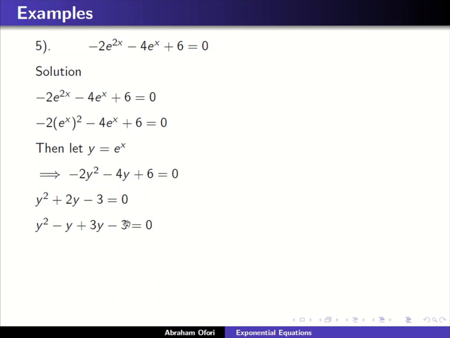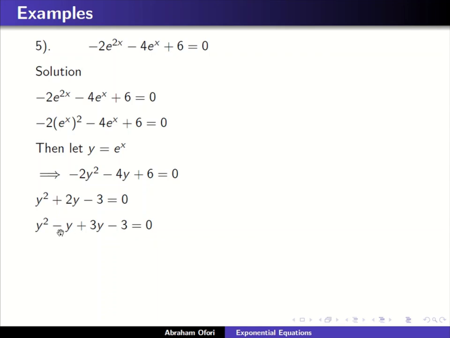So don't worry, after finding them, they are negative 1 and 3. When you add, you get 2, but when you multiply, you get negative 3. So you write it like this: y squared minus y plus 3y minus 3 equals 0.